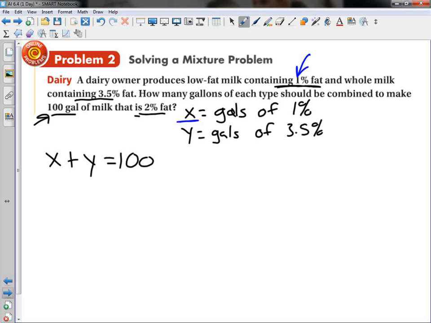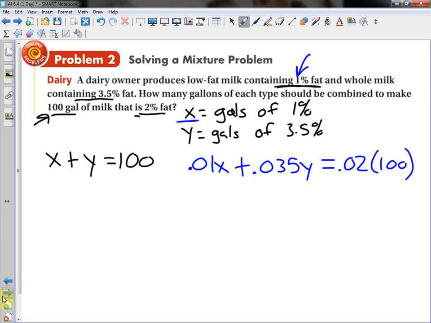So 1%, I'm going to say 0.01, that's 1% in decimal form, times x. 0.01 times x, I'm going to mix that with 0.035 times y, and that's going to equal 0.02 times 100. Now, right here, I'm going to pause. Okay. Now, let's see what we have. We have a percent and a gallons.